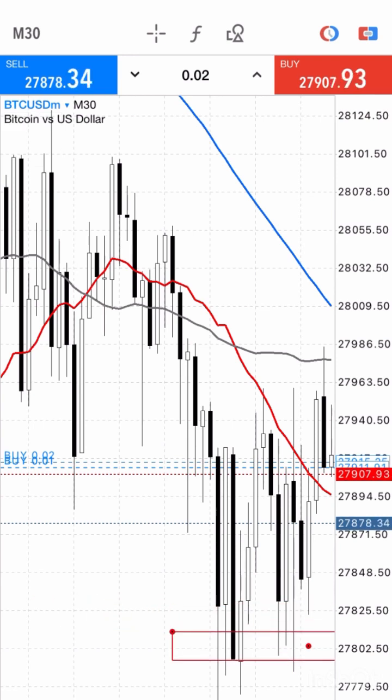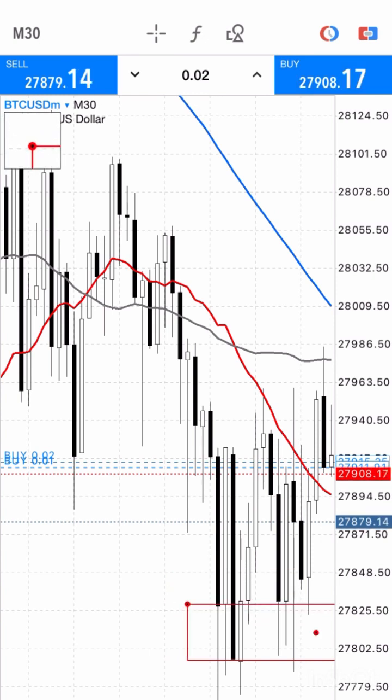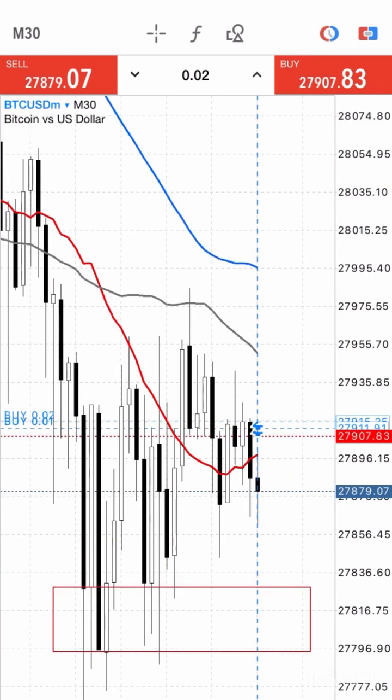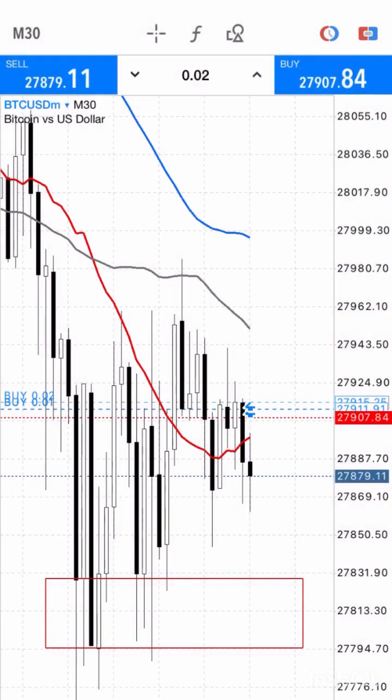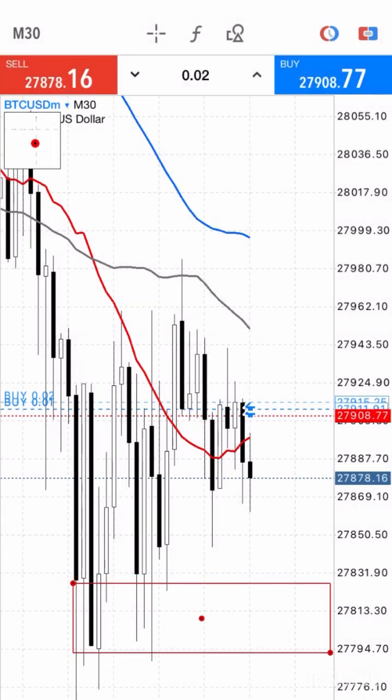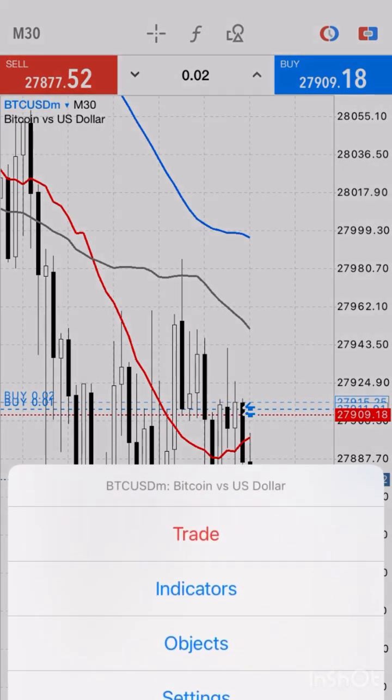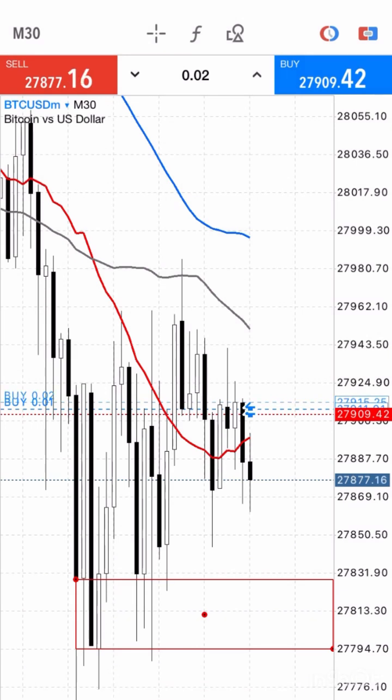It's gonna be my buying zone right there. Right there. That's my buying zone.